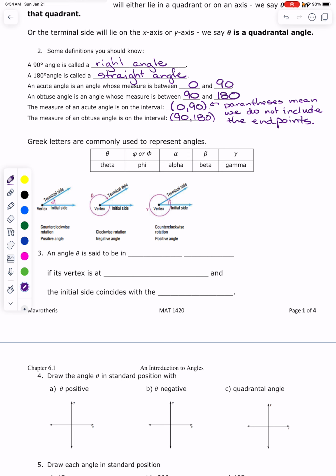Okay. So the last little bit here, an angle is said to be in standard position if the vertex is at the origin and the initial side coincides with the positive x-axis.